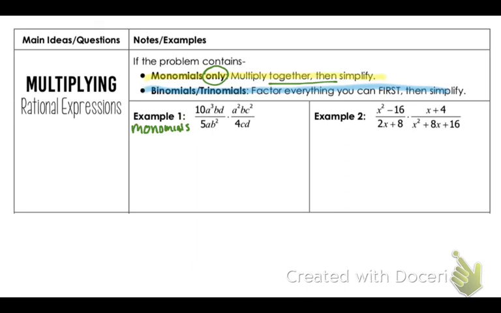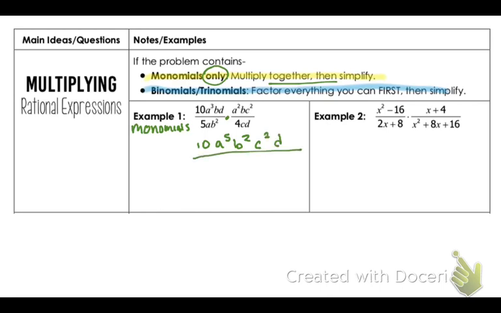But because this is multiplication, this is your product rule, which means that your exponents will be adding together because it's the same base. So I'm going to have 10a to the 5th power because I added them, b to the 2nd power, and then c to the 2nd power, and then d.